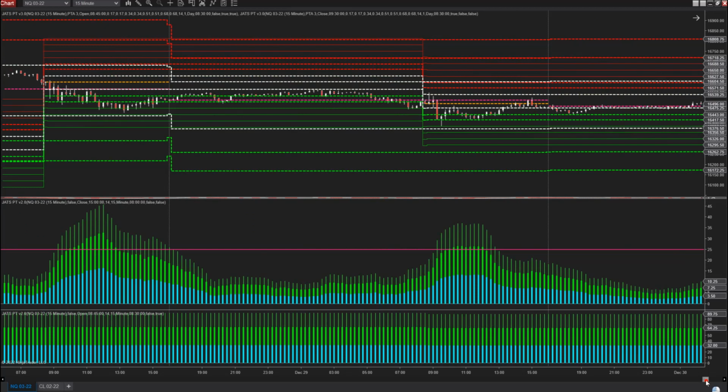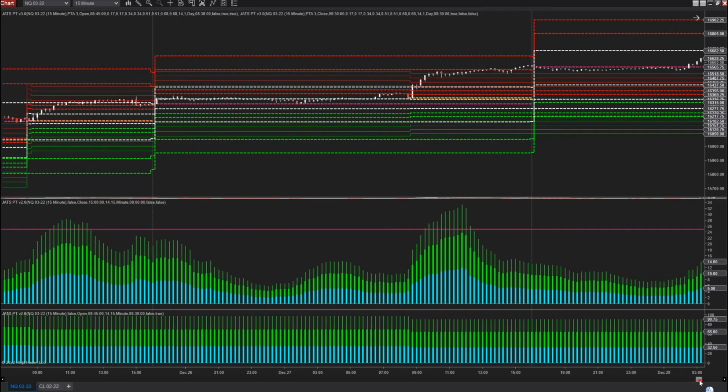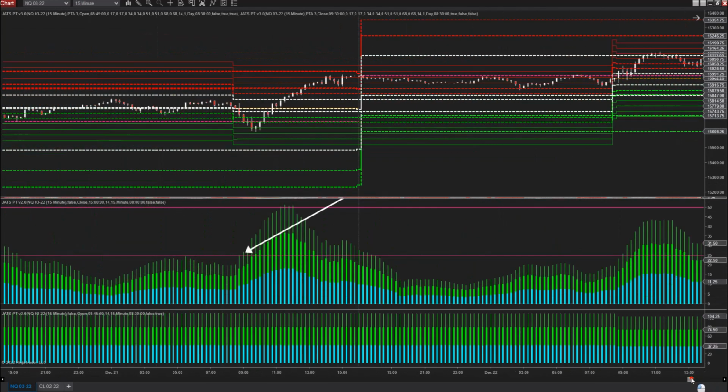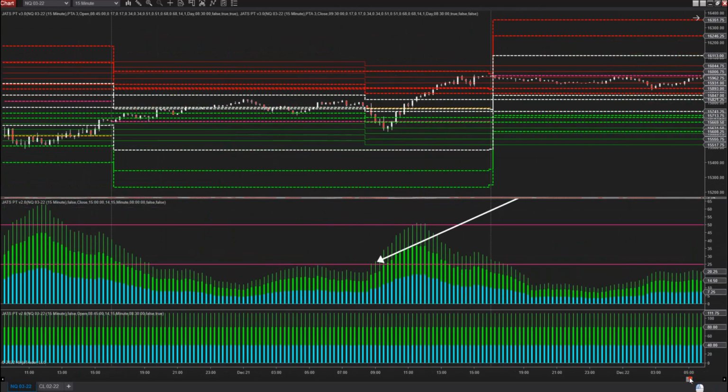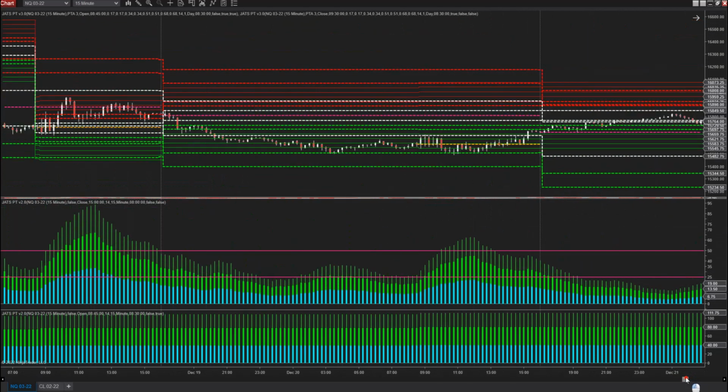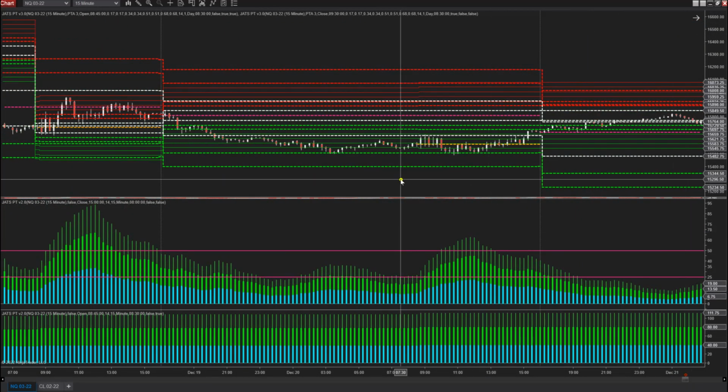These are statistically significant levels on this indicator, and it is very apparent that other banks and hedge funds use these same levels, which makes it good for us because we've tapped into their levels.